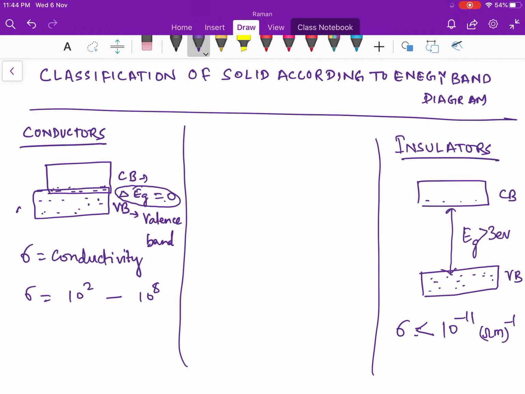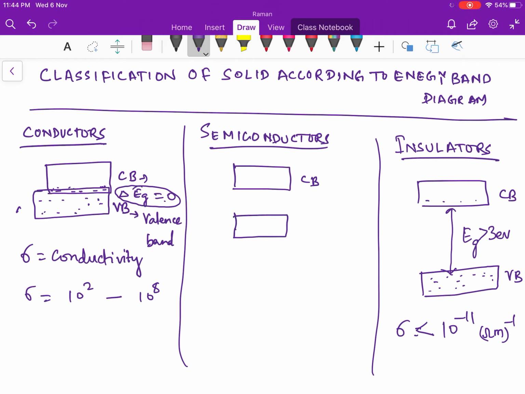ohm meter inverse. Whereas in the case of a semiconductor, which lies between conductor and insulator, the energy gap between the conduction band and the valence band is less than 3 electron volt.